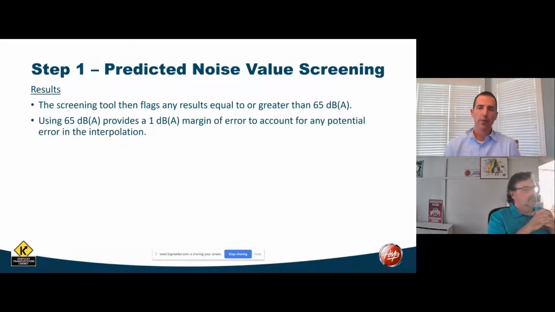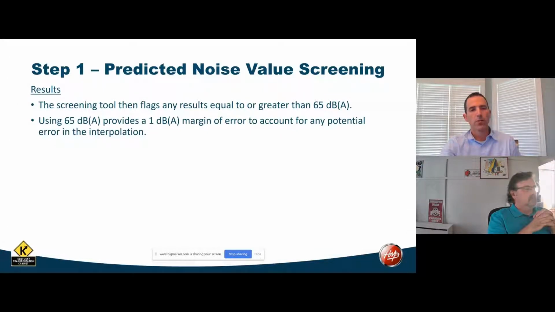In Kentucky, we consider anything that's 66 decibels an impact. But for this screening tool, to provide a little bit of a margin of error that we have found within the calculations and the way it's interpolating for the distance to the receptors, we are using 65. So anything at 65 decibels or greater will be flagged.